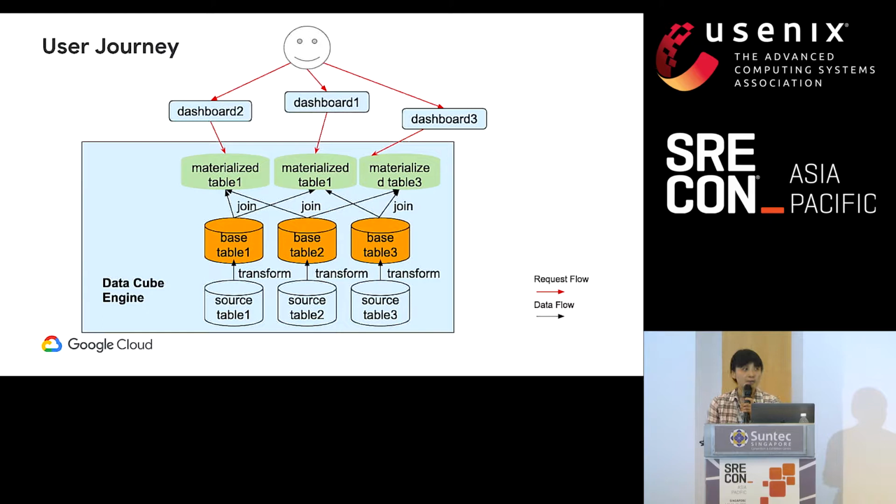If you look at this diagram from the bottom up, we start from the source tables where the different data sources come from. And then we transform the source tables into base tables with the data we're interested in. And then do a database join from these base tables to generate the final materialized tables. These tables are queried by the end user.